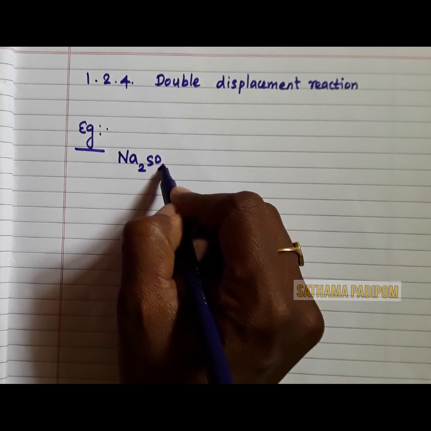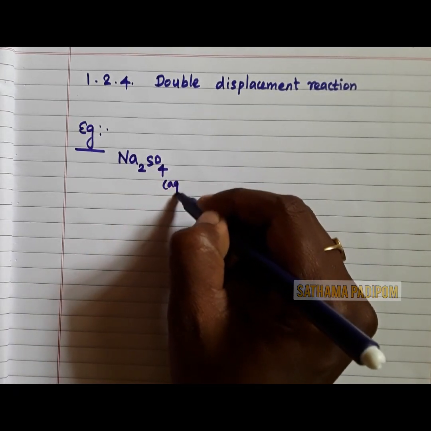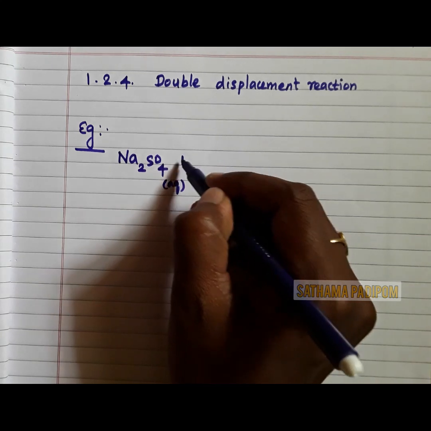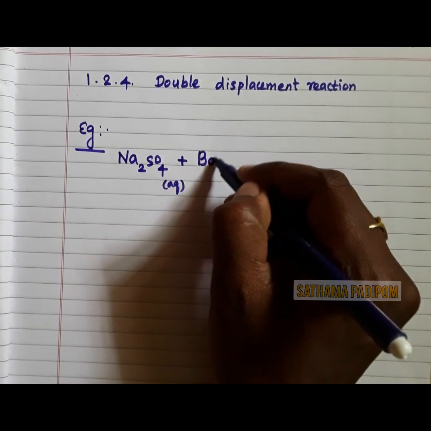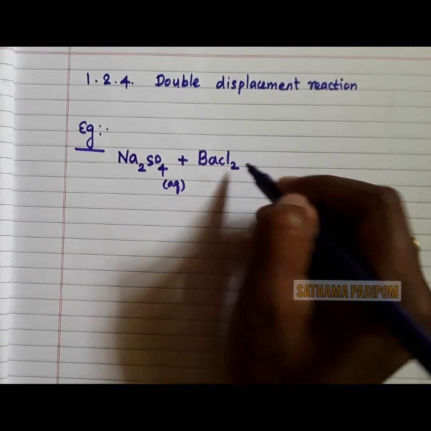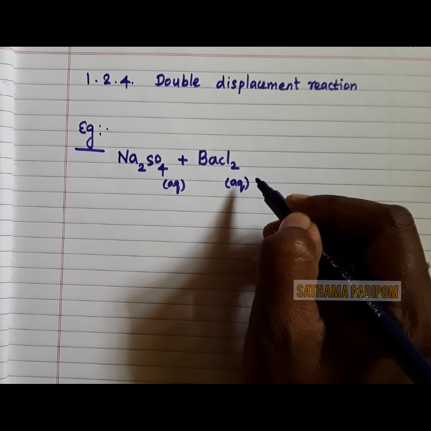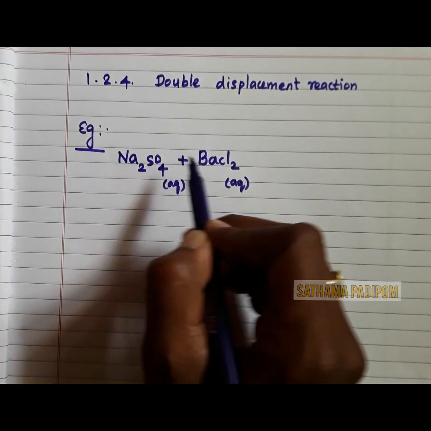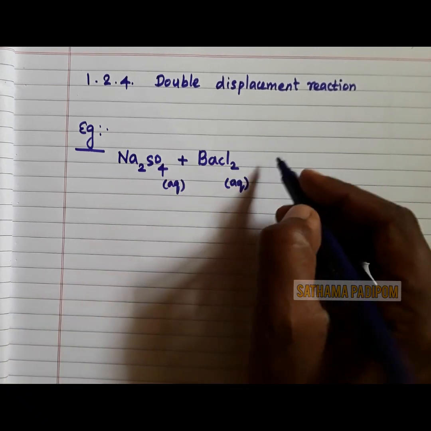Na2SO4, sodium sulfate in the aqueous state, reacts with barium chloride, BaCl2. Both should be in the aqueous state. When sodium sulfate reacts with barium chloride.